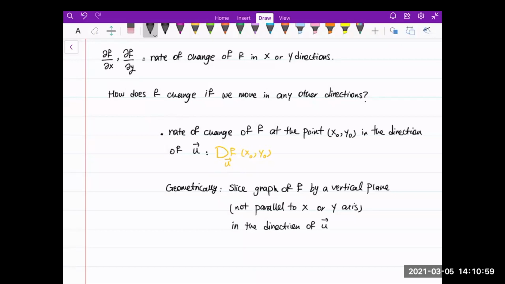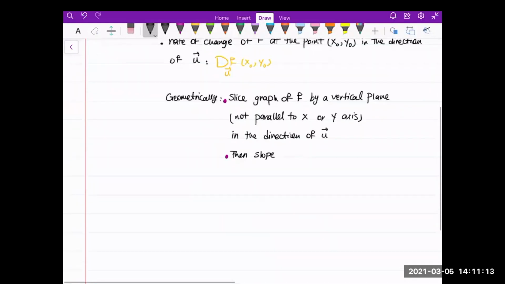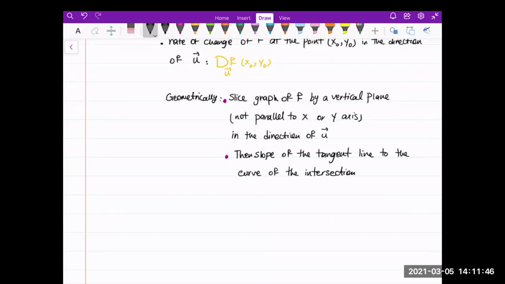So this is the first step, and the next step we say, then the slope of the tangent line to the curve of the intersection. What do I mean by intersection?